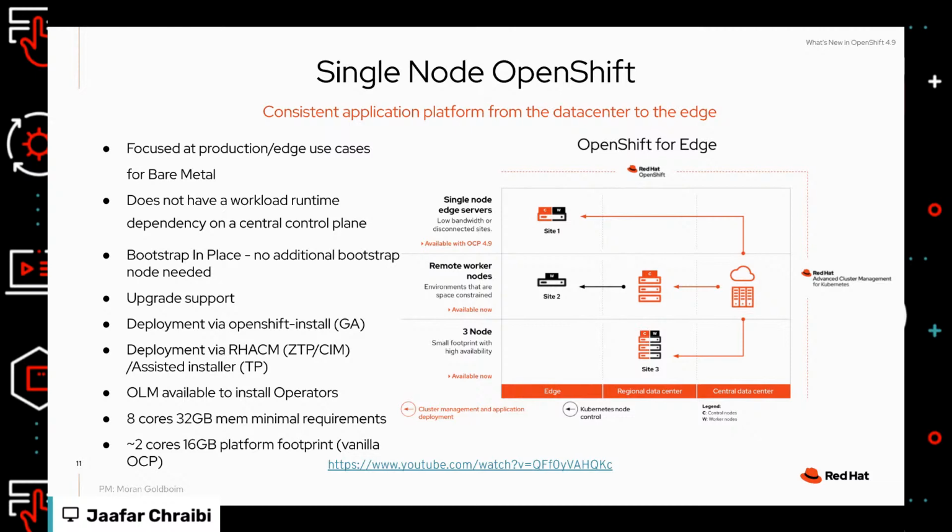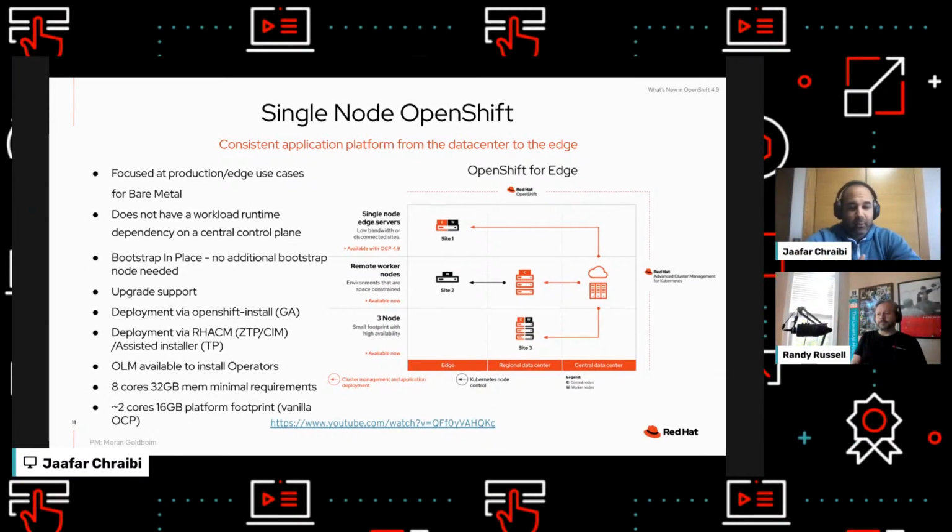There's been a lot of engineering to overcome some challenges, because with OpenShift 4, we had a bootstrap machine controlling the flow of installing everything on the other nodes, using containers to deploy containers.